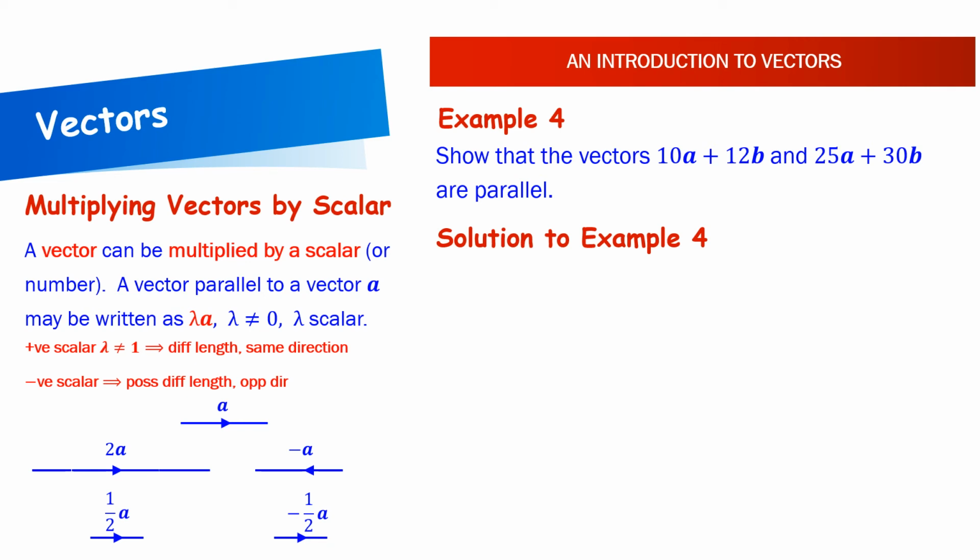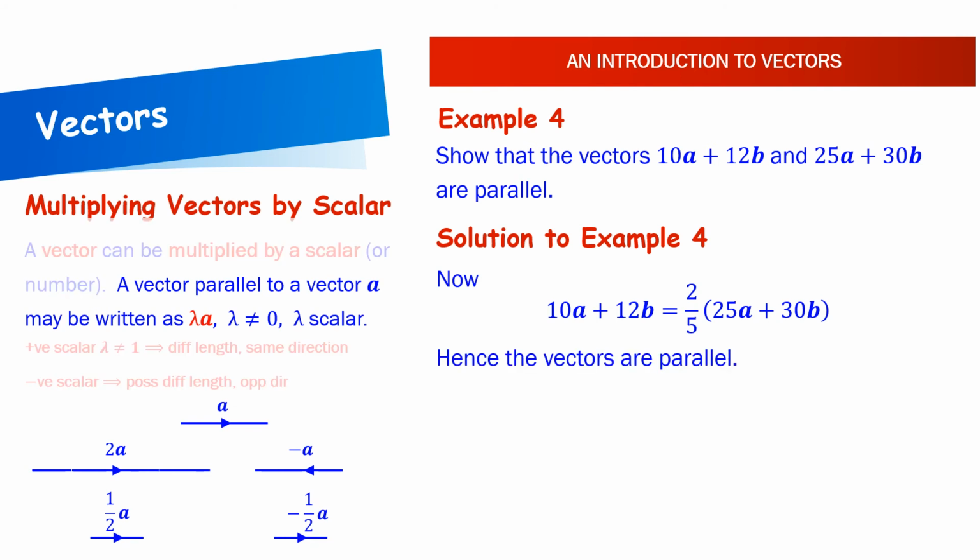So let's solve this. We are required to show that the vectors 10a plus 12b and 25a plus 30b are parallel. Now let's put one vector in terms of the other. 10a plus 12b can be expressed as 2/5 of the other vector, as shown.